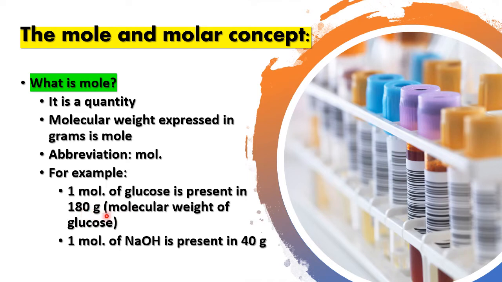So if you take 180 grams of glucose, it contains 1 mole. Whereas if you take 40 grams of sodium hydroxide, that contains 1 mole as well. So you have to take different weights to get 1 mole of anything, and it's simply the molecular weight of anything that corresponds to the mole.